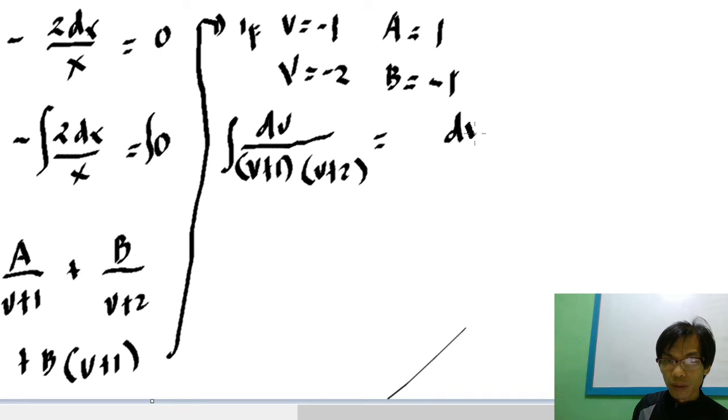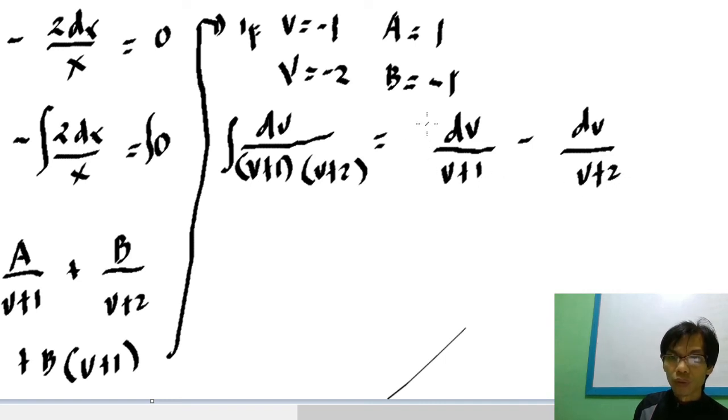We have dv over v plus 1 minus dv over v plus 2.